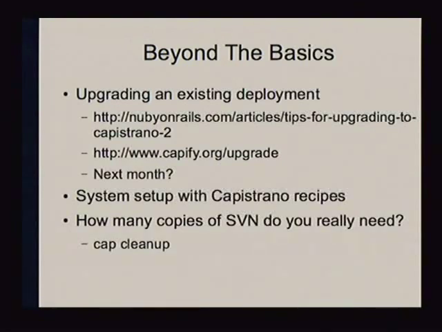And you can automate Capistrano so that in that after default block I showed you before, if you put cleanup in that block, it'll run the cleanup script, and cap cleanup goes and says, oh, you only wanted 5 copies, okay, I'll go delete all the rest of those copies, and you can wait here while I go free up disk space like crazy, and in half an hour I'll come back and you'll be good to go again.